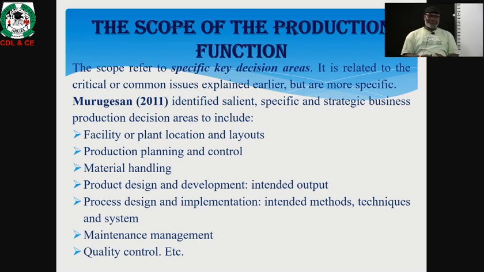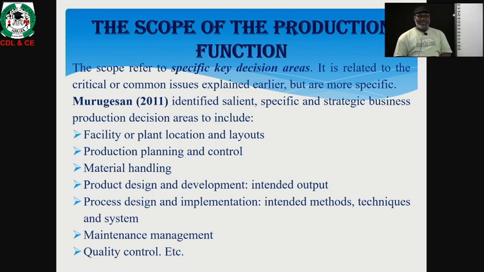It has to be well thought out. It has to be strategic. You cannot choose to adopt the type of system adopted by a competitor. It might not be favorable to you because of certain factors. And so every business must ensure it designs as well as implements the production process.